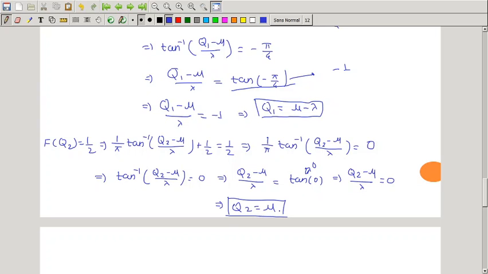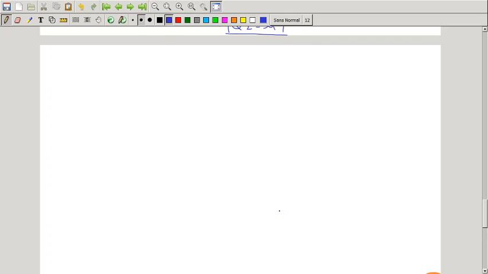Now further we will see the third quartile, that is F of q3 is equal to 3 by 4.